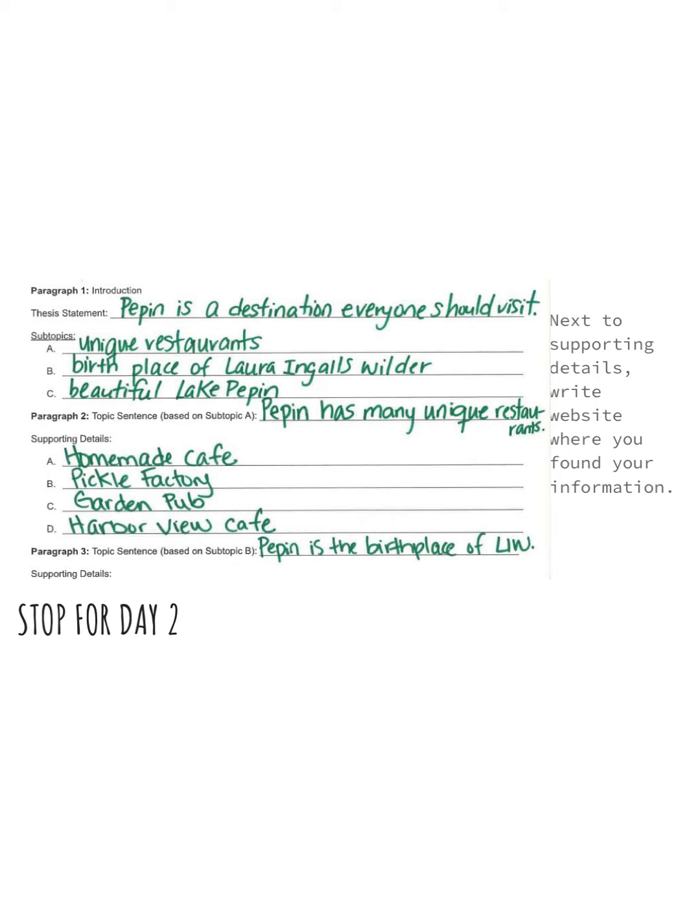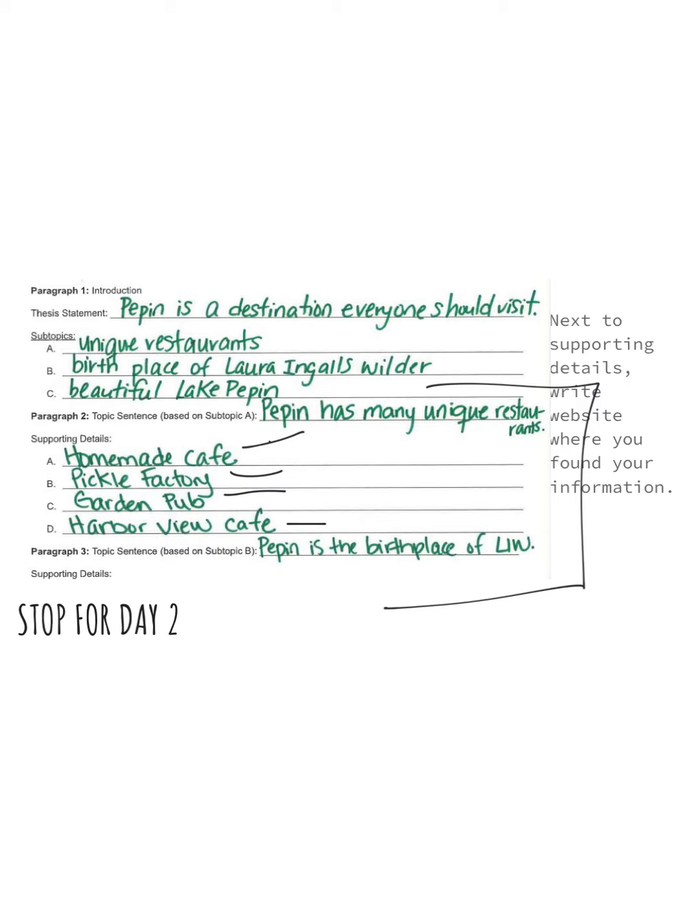So Mrs. Pashi, right here on our outline, here is Mrs. Pashi's first subtopic. She has her topic sentence, Pepin has many unique restaurants, and then she has her details: Homemade Cafe, Pickle Factory, Garden Pub, and Harborview Cafe. Now, if Mrs. Pashi were to be a little more prepared, she probably would have written one or two facts per restaurant that she was going to include in that body paragraph.